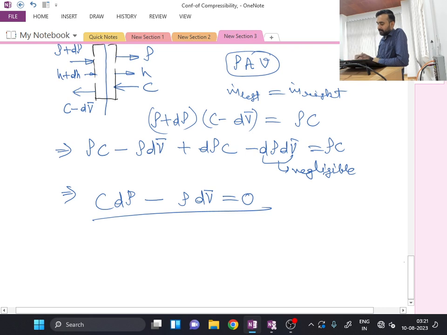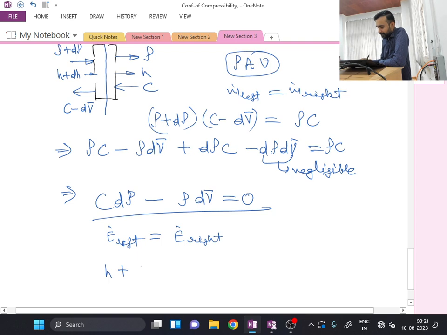Similarly, if I apply the energy balance across the control volume, what will be happening? Energy on the left side of the control volume must be equal to energy on the right side. This is a flowing stream, so the energy for a flowing stream becomes nothing but enthalpy plus kinetic energy.